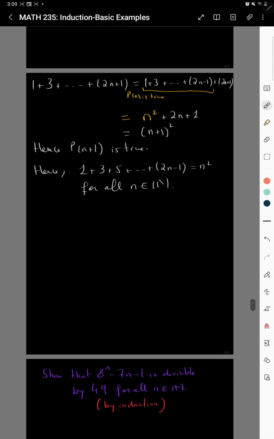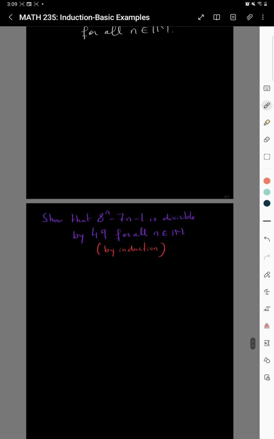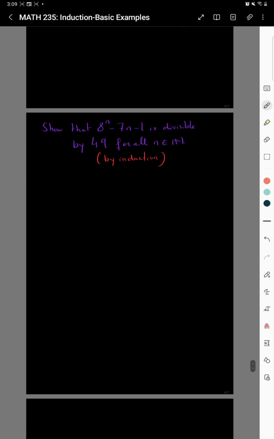Okay, now we'll move on to an example that is slightly more difficult, but not so much. I mean, this example I think can be done in many ways, but let's try with induction. Okay, so the statement Pn is just that 8 to the n minus 7n minus 1 is divisible by 49.